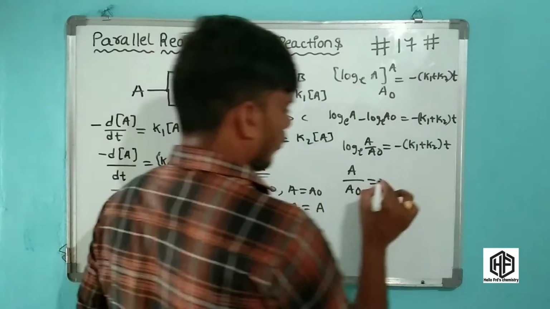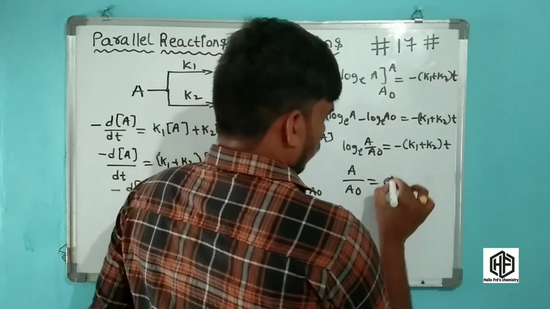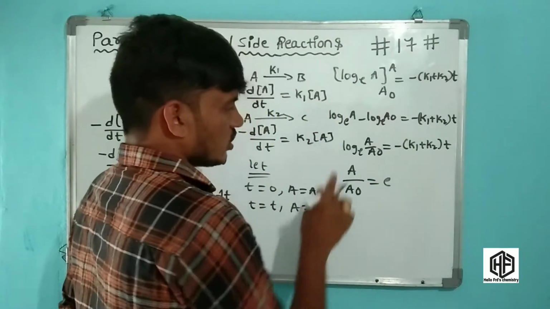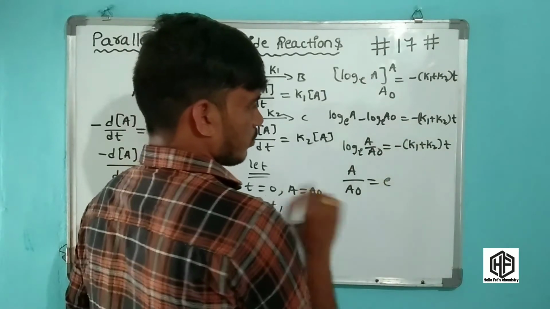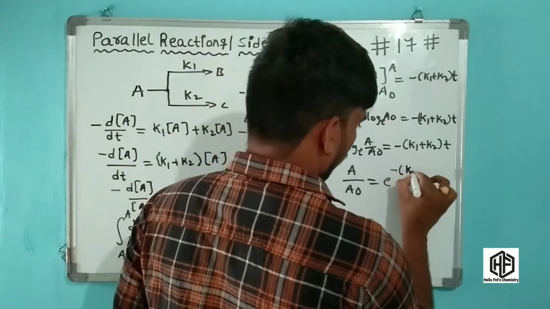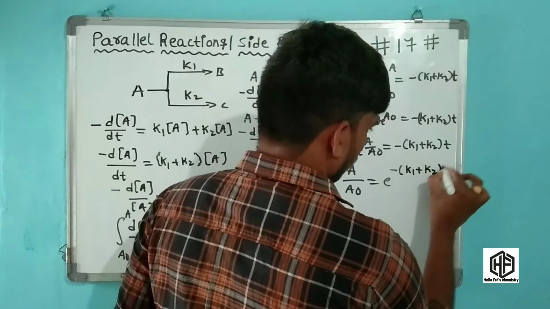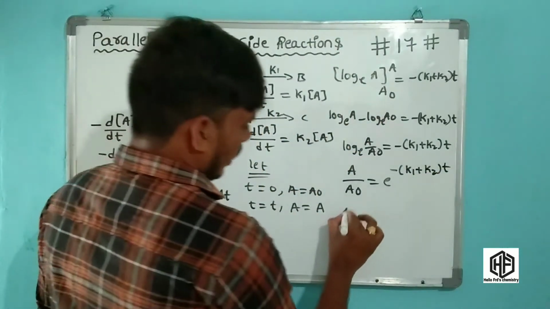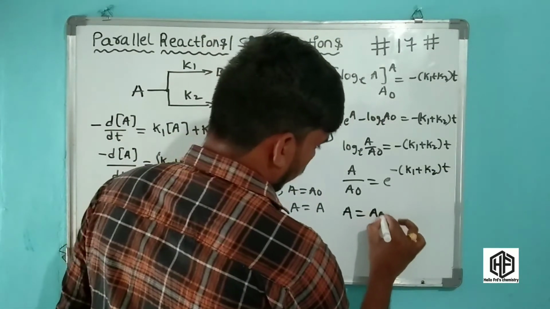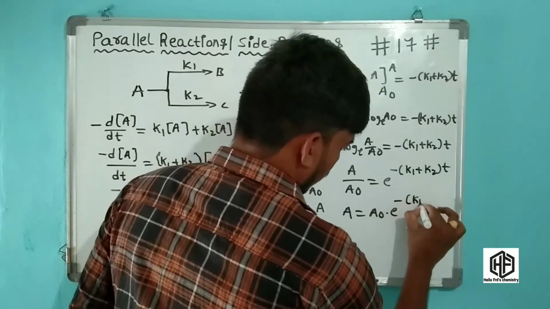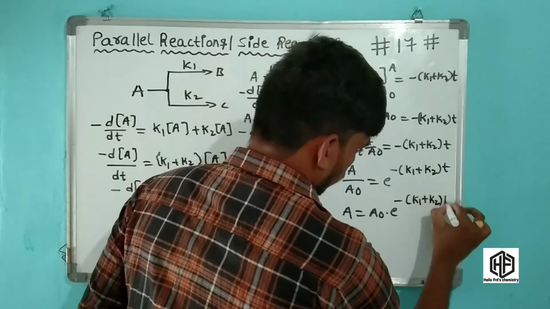What happened, friends? The log base e changes to the exponential on this side. Now this is minus (k1 plus k2) into t. Okay friends, now finally A is equal to A naught into e power of minus (k1 plus k2) into t.